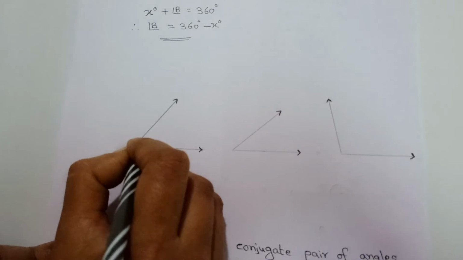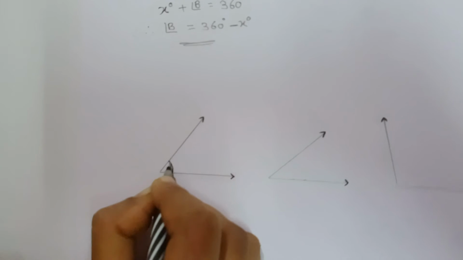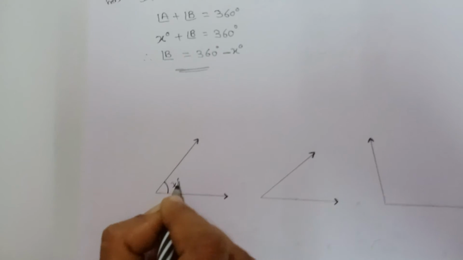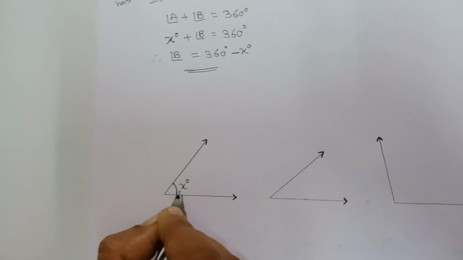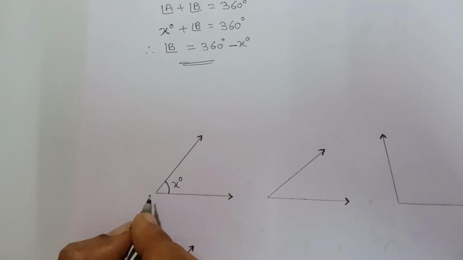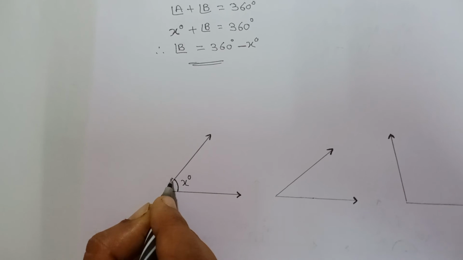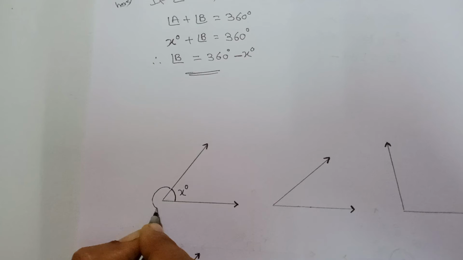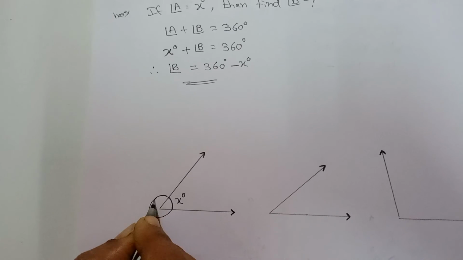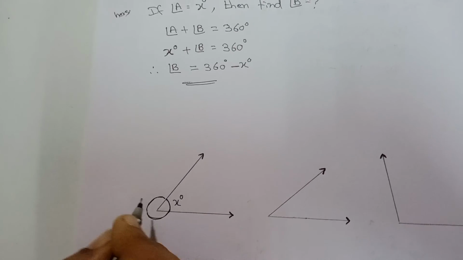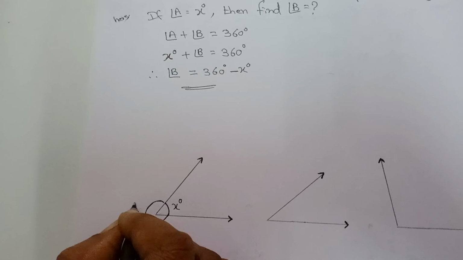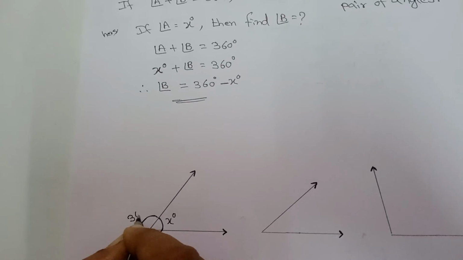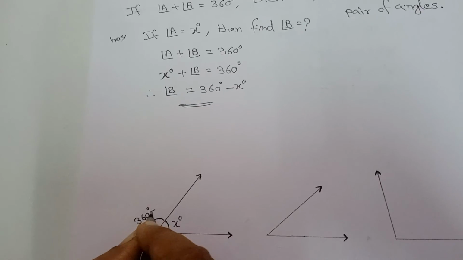Here, we take X degrees. This angle value is X degrees, and this angle will become 360 minus X. Okay.